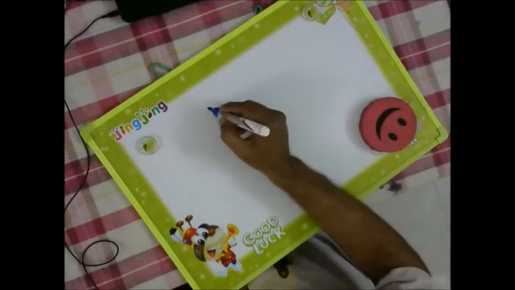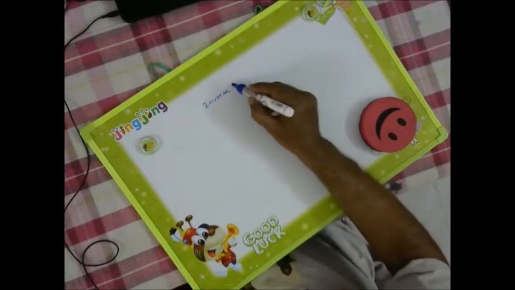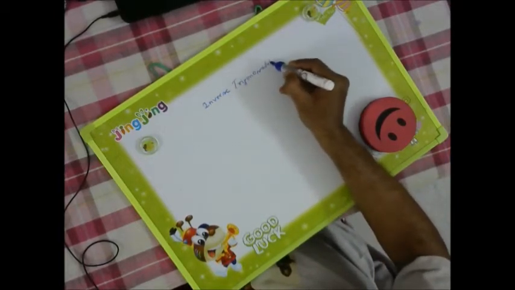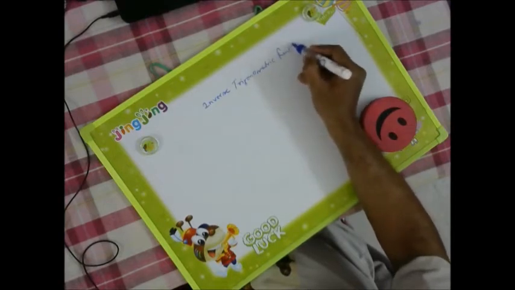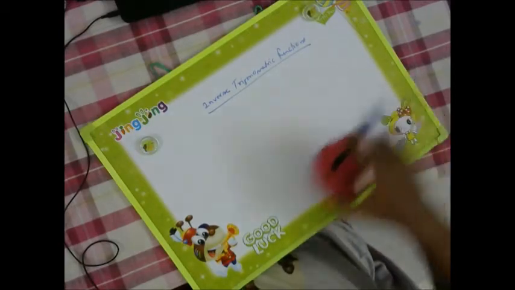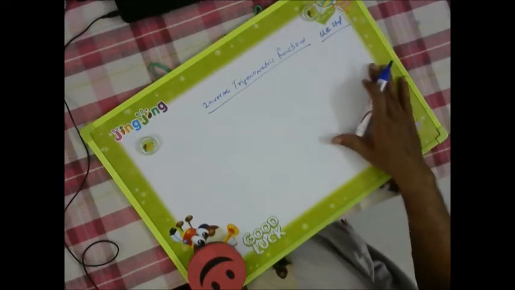Today our topic is inverse trigonometric functions, and this chapter is very important for 12th standard students.